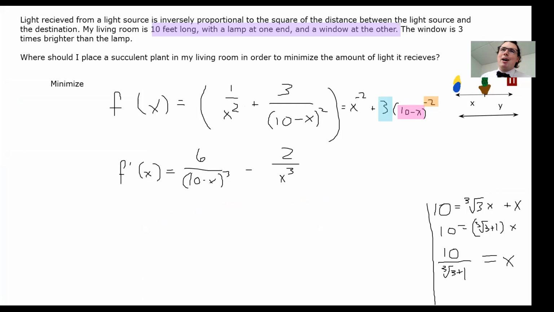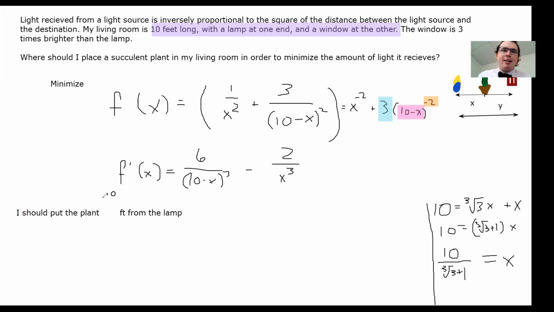So for my home decorating scheme, I should put the plant a certain distance away from that lamp. So some space here. So what was that fraction again?